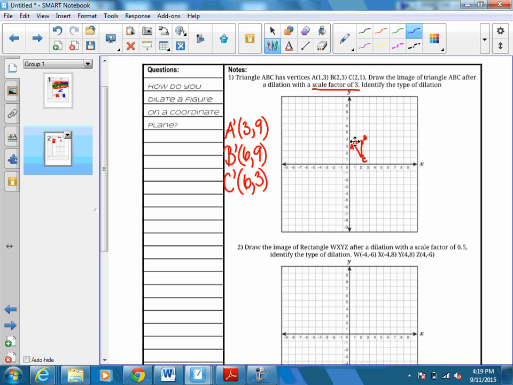So 3, 9 will be here. 6, 9 is here. And then C prime should be right here.